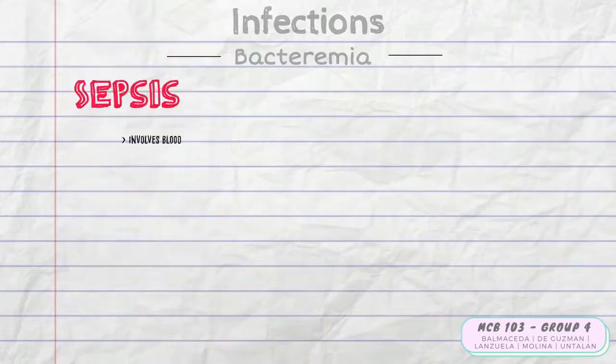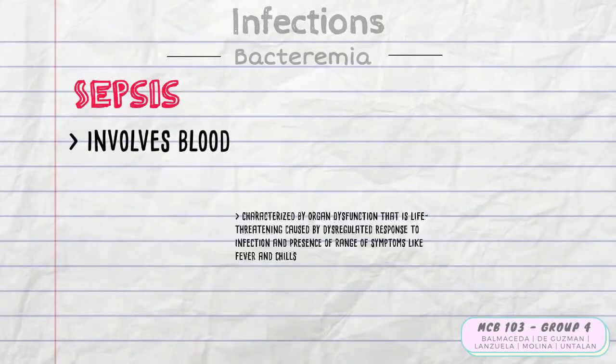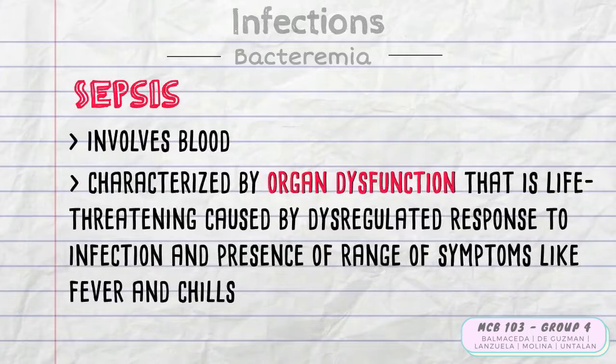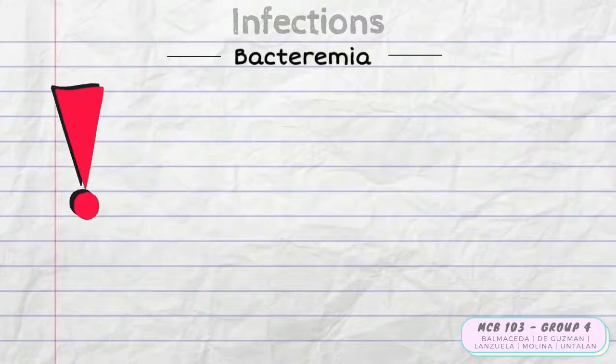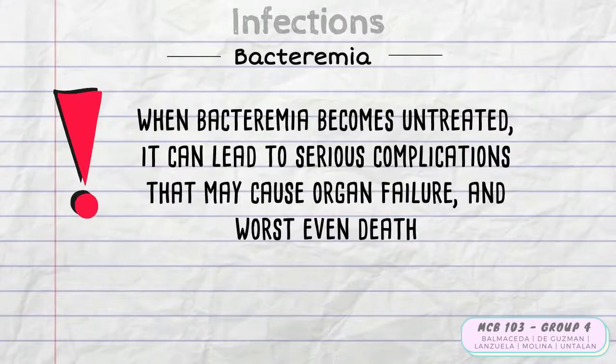Though it also involves the blood, unlike bacteremia, it is characterized by life-threatening organ dysfunction caused by a dysregulated response to infection, and the presence of a range of symptoms like fever and chills as mentioned. Also, when bacteremia becomes untreated, it can lead to serious complications that may cause organ failure and worse, even death.